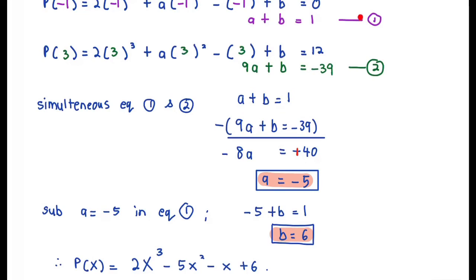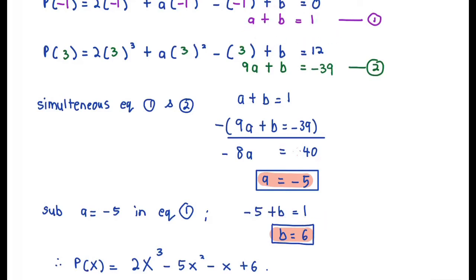Now since you have equation 1 and equation 2, let us use simultaneous equations. Let's take the first equation minus the second equation. So a minus 9a is minus 8a, b minus b is 0, 1 minus minus 39 is equal to 40. Let's solve. a is equal to 40 divided by minus 8, so a is equal to minus 5. Then let's substitute this a into your first equation, a plus b equal to 1.